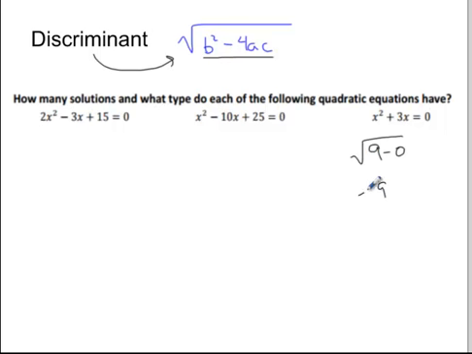So the discriminant was 9. 9 was a perfect square. And if you get a perfect square, that means that you are going to get rational roots. And you're going to get 2 of them.